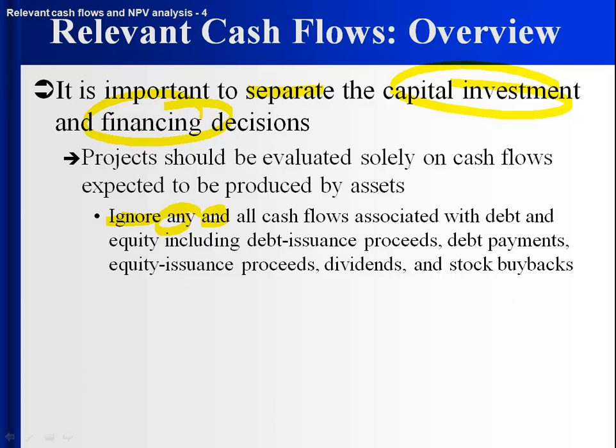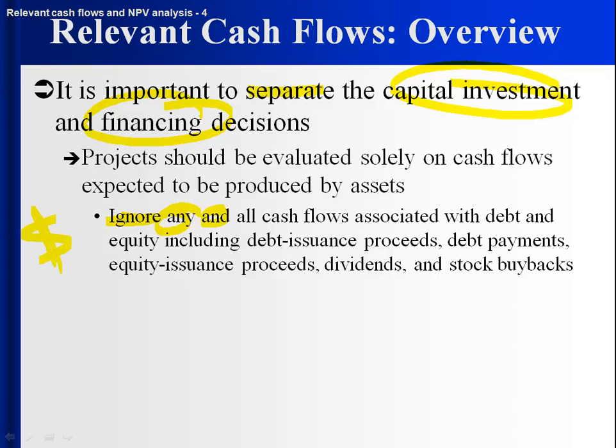So debt issuance proceeds means if we borrow money, the money we get. Debt payments are coupons, our interest. Equity issuance proceeds, if we sell stock and get money. If we pay dividends, if we buy back stock, that's us paying money to get stock. All of these really involve cash going in or out.